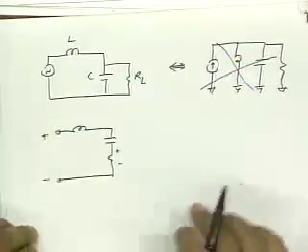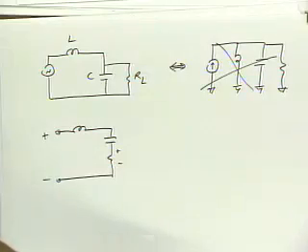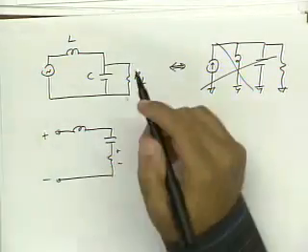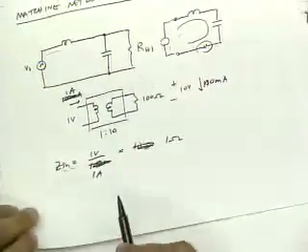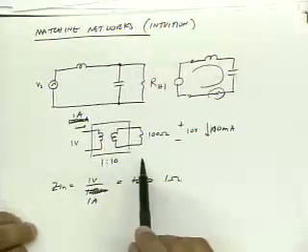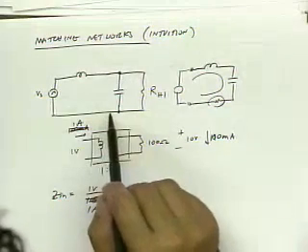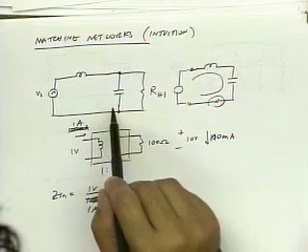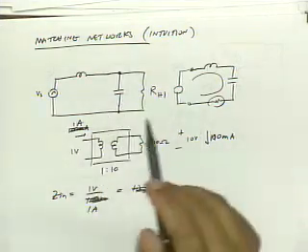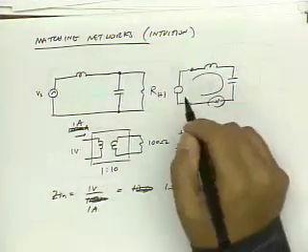Okay, let me see. So what I want is, let's come back here. I want the voltage to get boosted. So in this circuit here, yeah, I think I was going along the right lines to begin with.